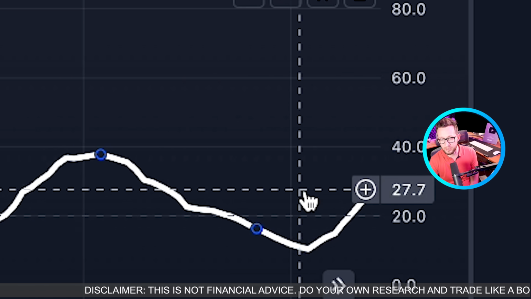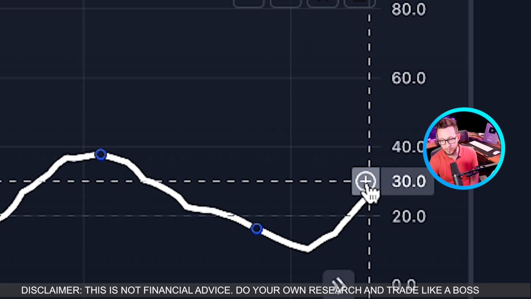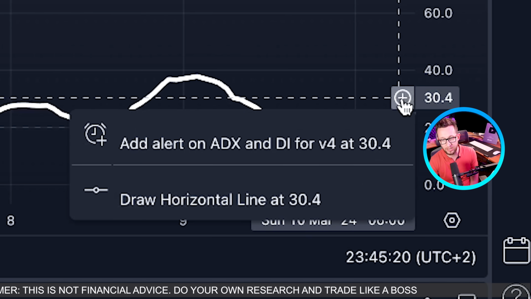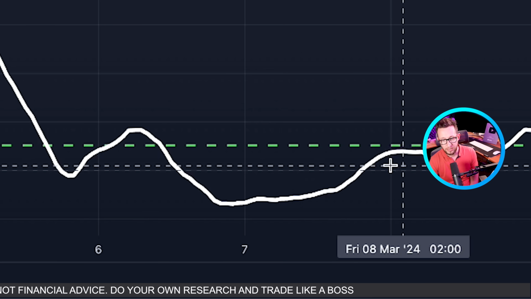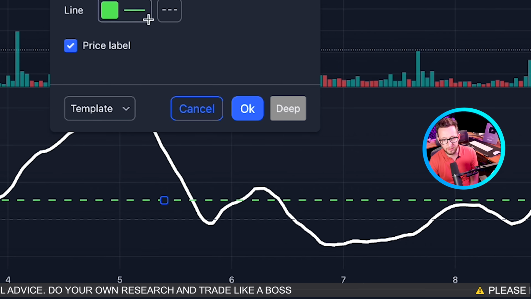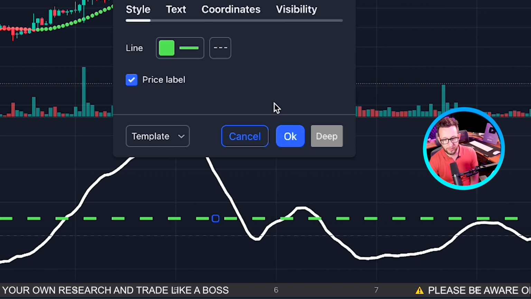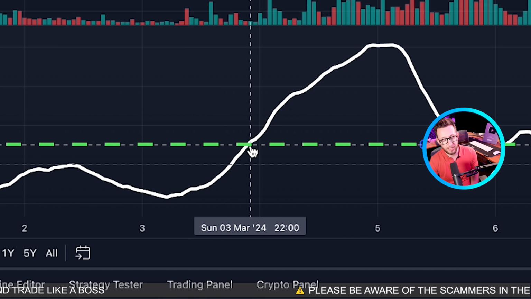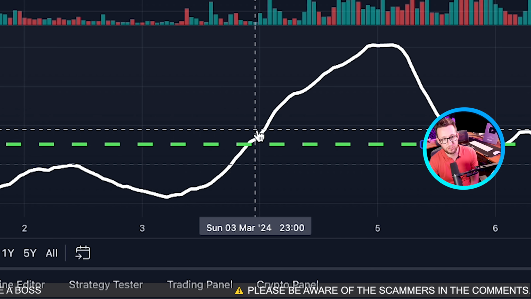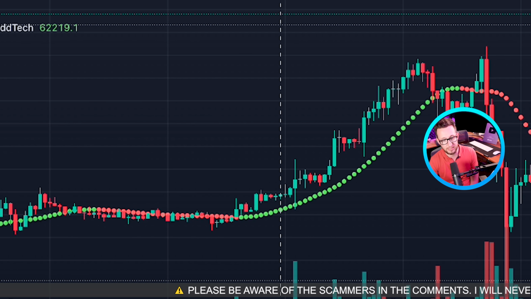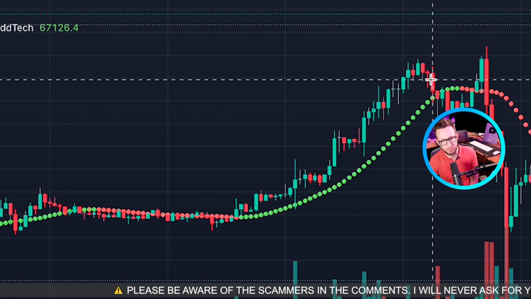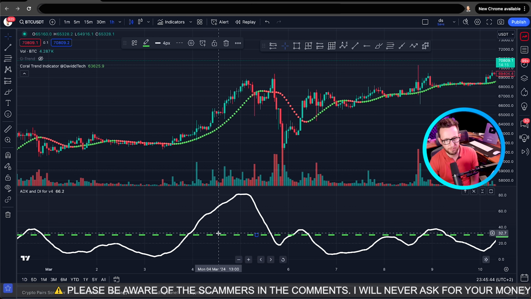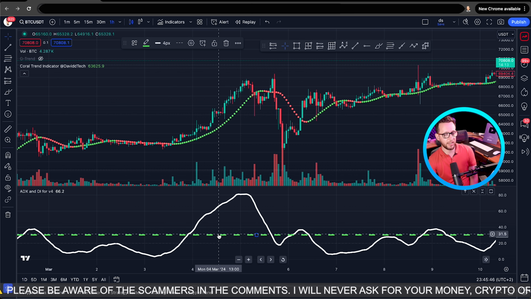So to do that, what we're going to do is we're going to go over and click this plus button here, and we're going to add a line at the 30. And we're going to make that line big and thick, just like that. So when the ADX white line is above that green line, that means we can take entries. As you can see here, it validates this entry just as it's about to pump, which absolutely is brilliant. Okay, that's our 3 indicators.